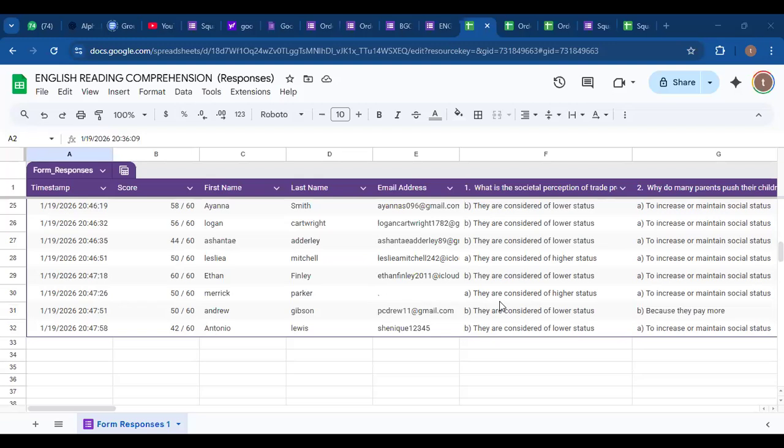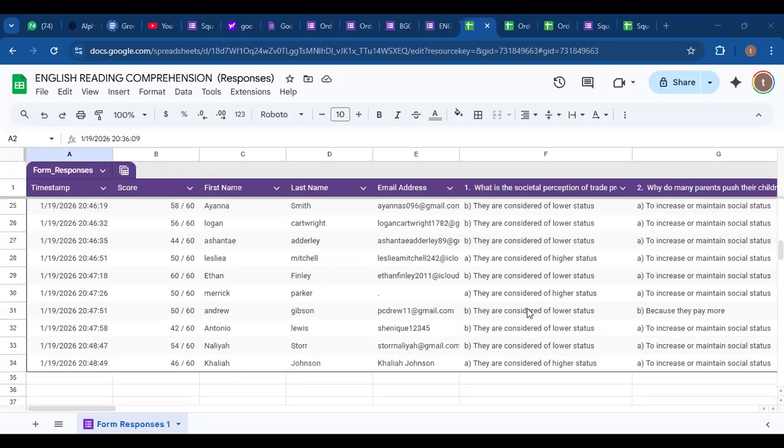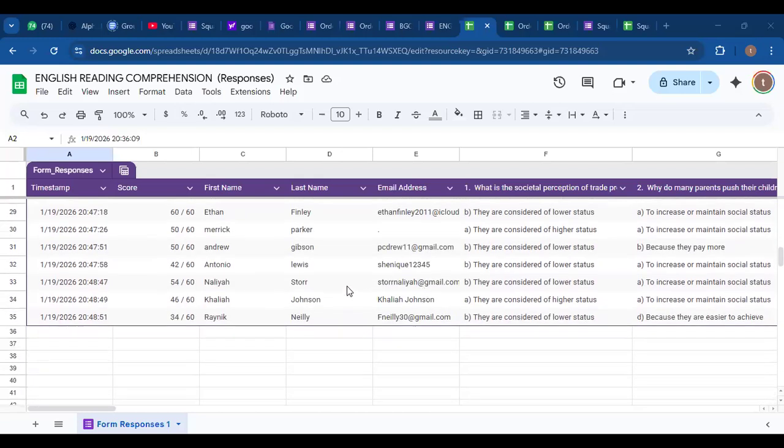Renique Wood, what number you on? Renique Wood, what number you on? 19. Very good. Very good, Nalia. You can leave. Very good.